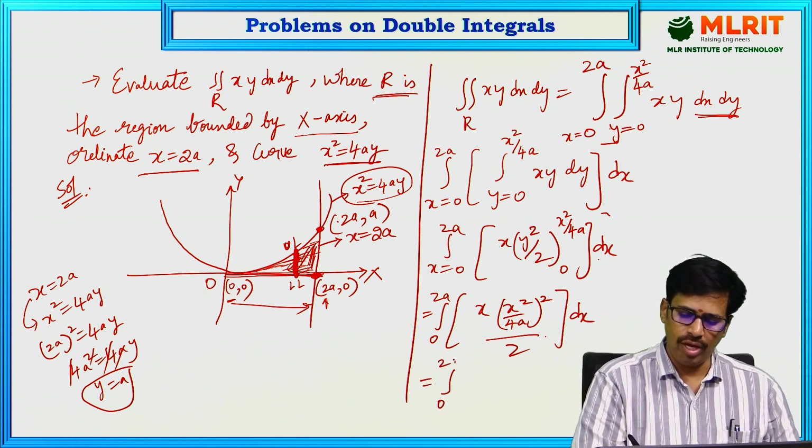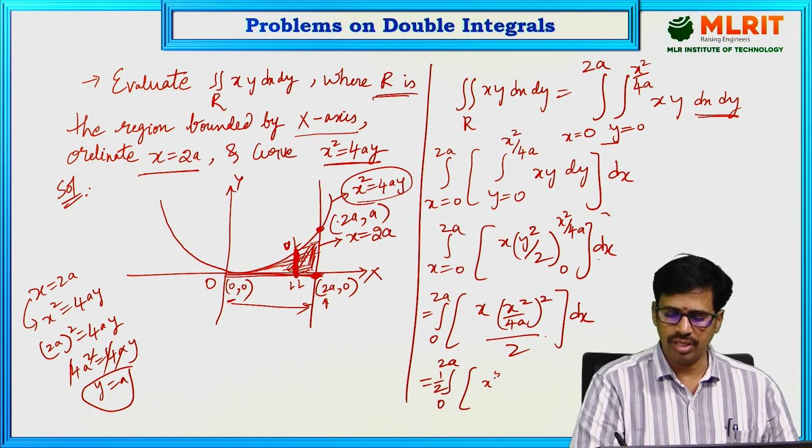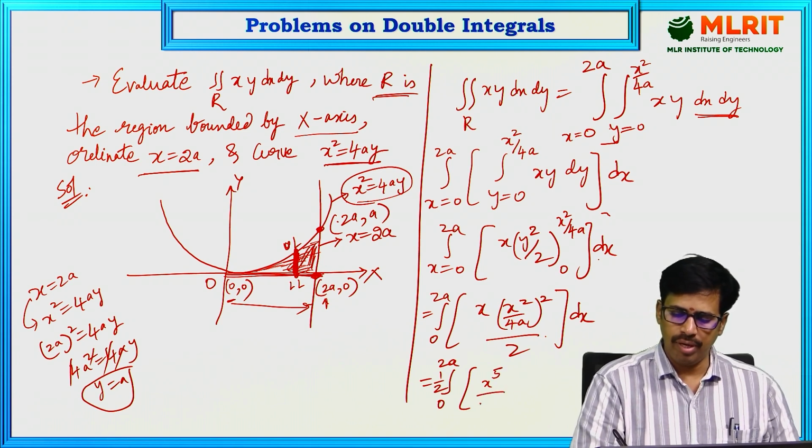0 to 2a, 1 by 2, write it outside, x into x square whole square is x power 4, x into x power 4 is x power 5 by 16a square, dx.